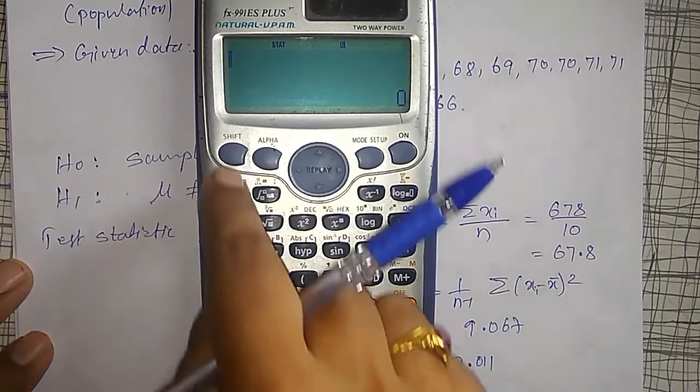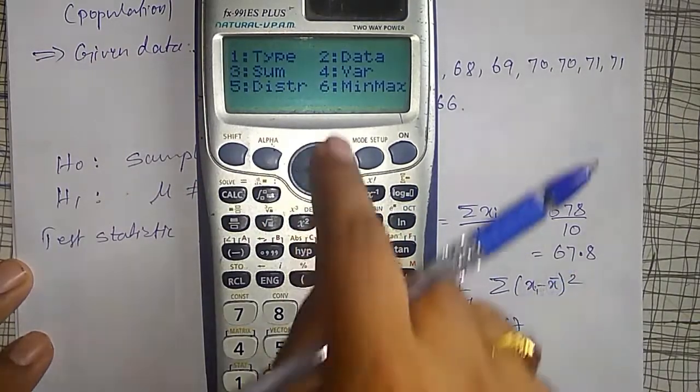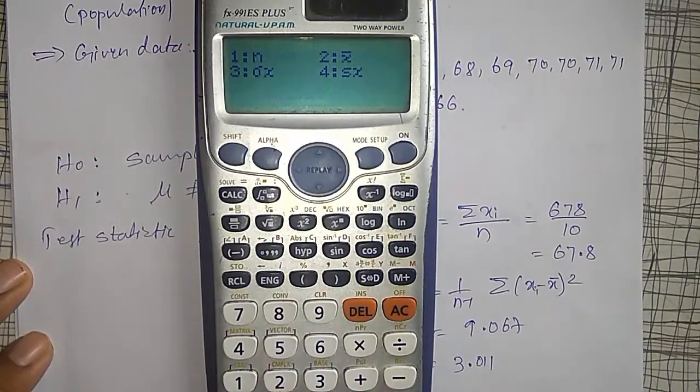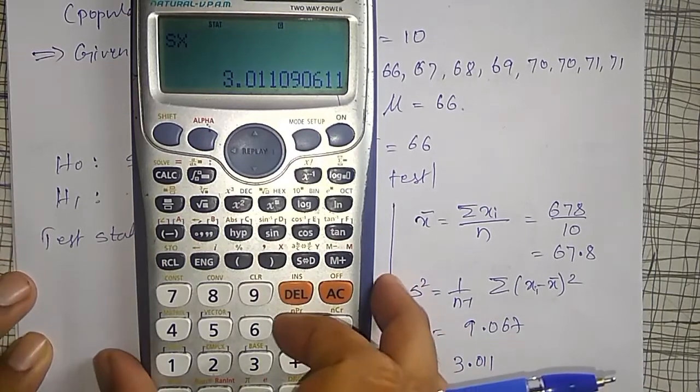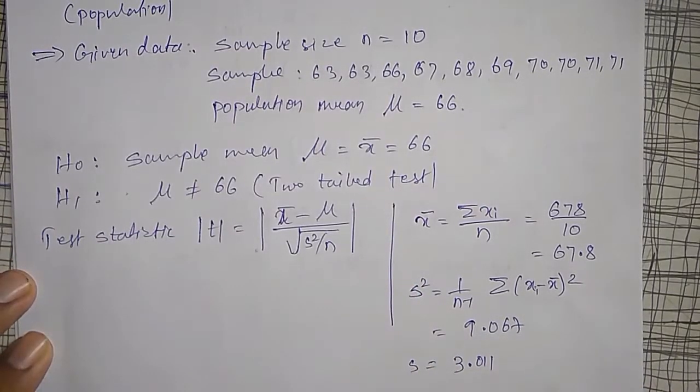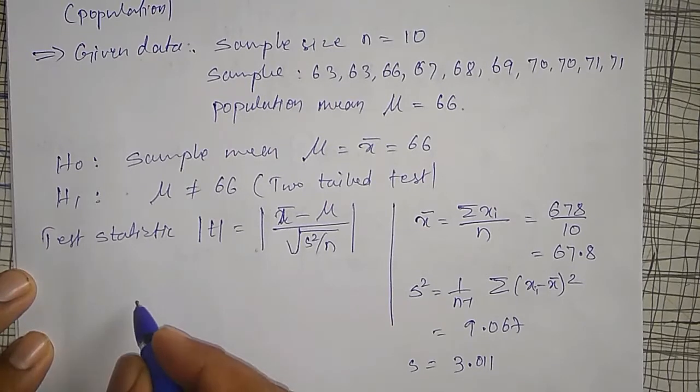Again AC button, shift 1, in that the variance option number 4 and sx option 4. You will get 3.011 directly. No calculation part is required. Directly also you can write sx. Now use these values in the calculator.